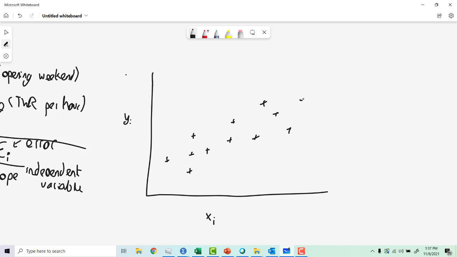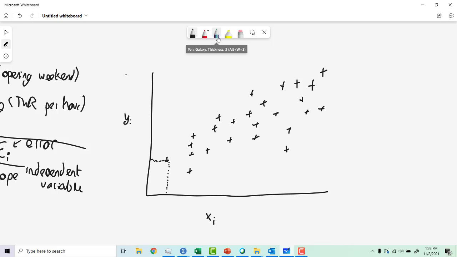Now, generally, if you look at this, there's going to be some sort of relationship, going back to the correlation stuff that we did last week. A movie with not much social media buzz is probably not going to get a lot of revenue. And a movie with a lot of social media buzz is probably going to get a lot of revenue.